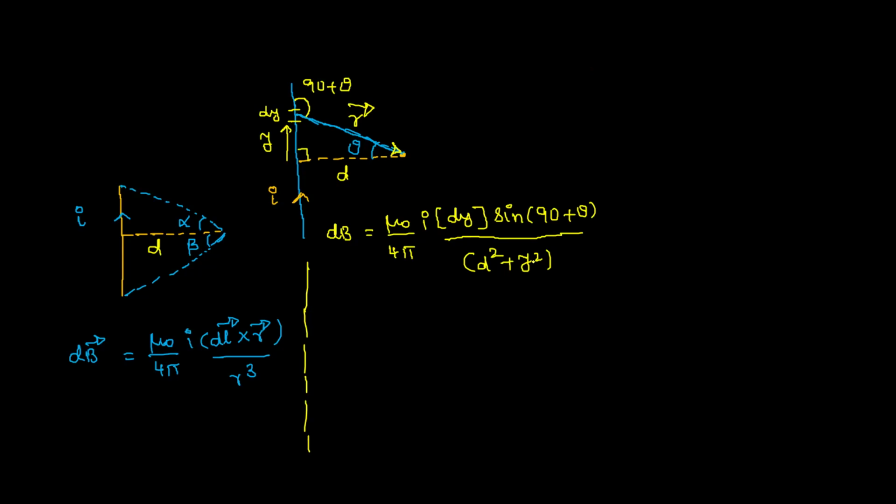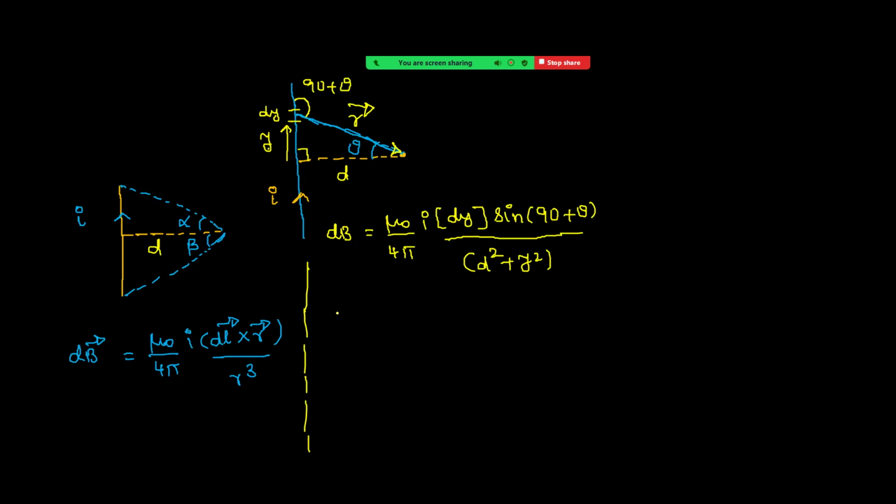You can see in the question, we are given angles alpha and beta. So we want to eliminate now d. See how to eliminate now d. From the diagram, you can see tan theta equal to y by d, right?